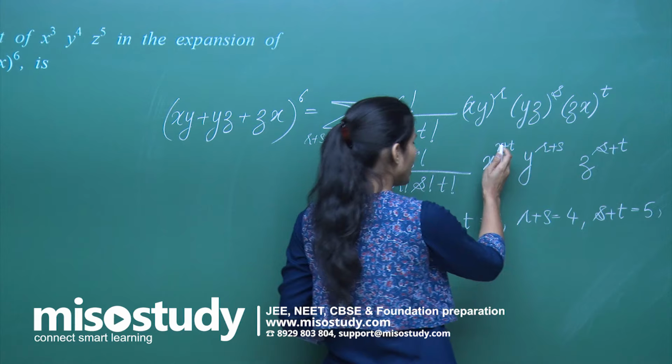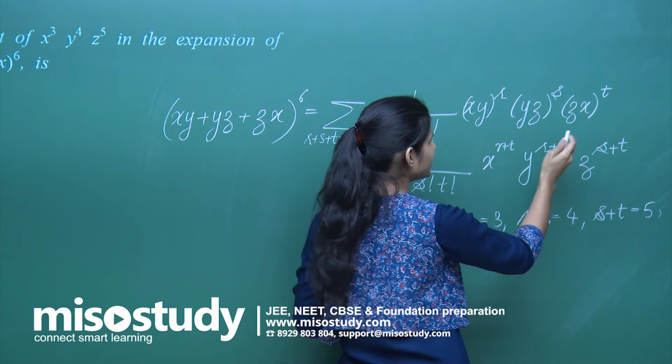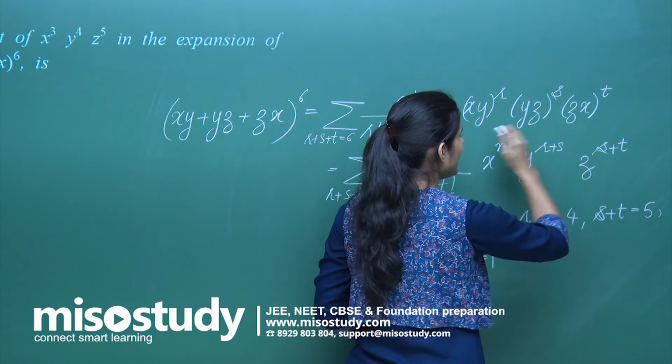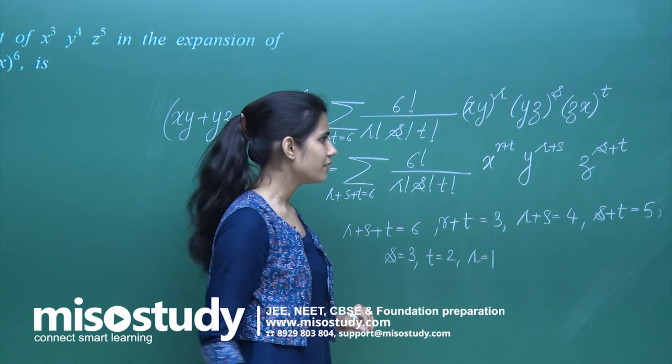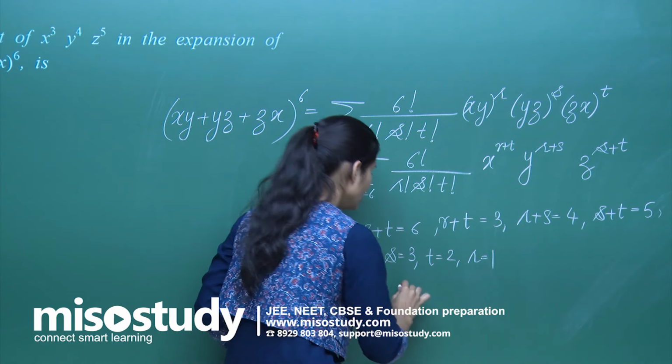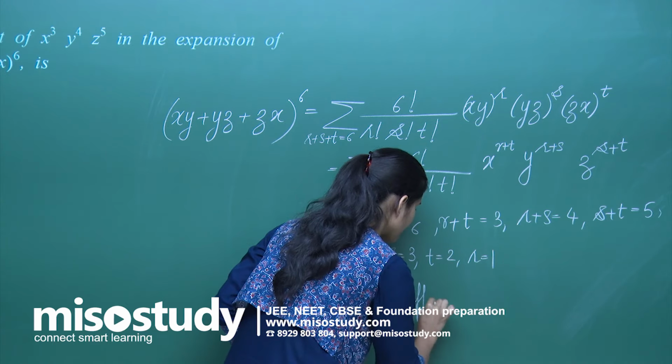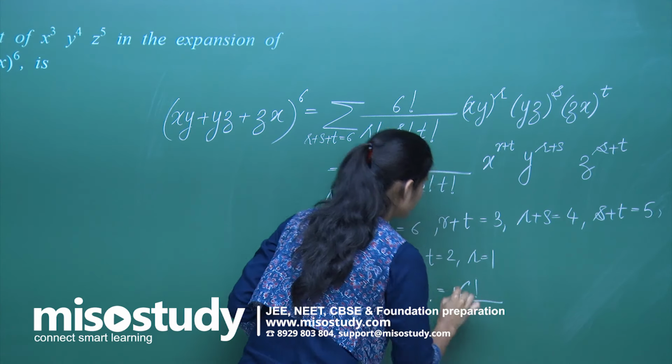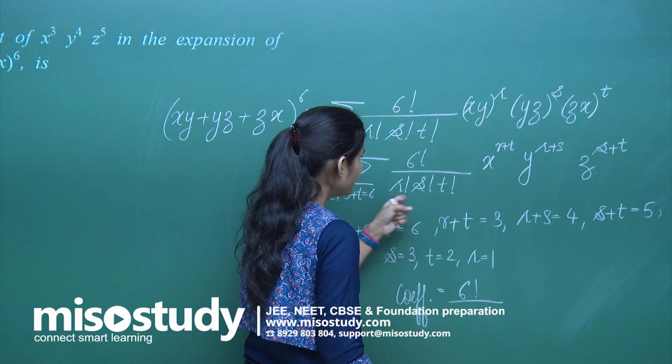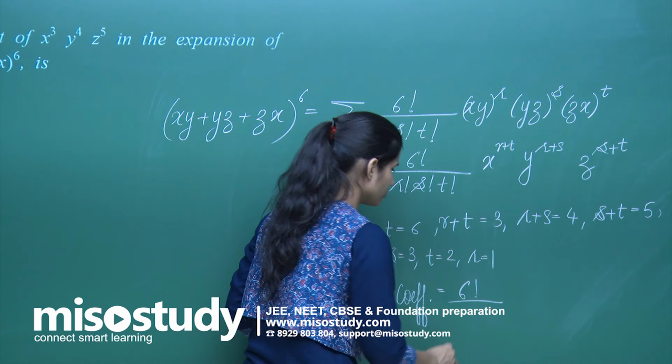And therefore, for r equals 1, t equals 2 and s equals 3, we get x to the power 3, y to the power 4, z to the power 5, and its coefficient is going to come from here. Coefficient will be 6 factorial upon 1 factorial, 2 factorial, 3 factorial.